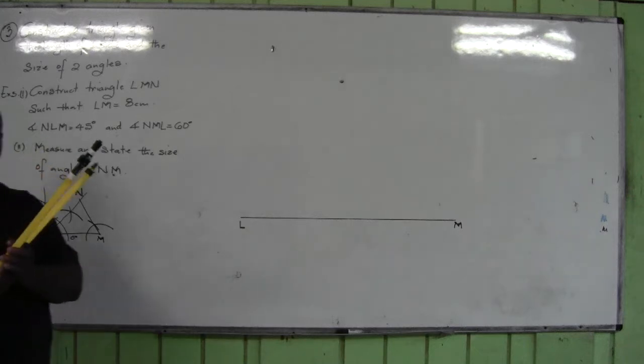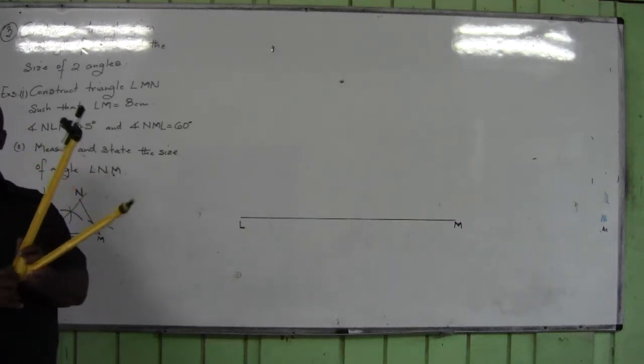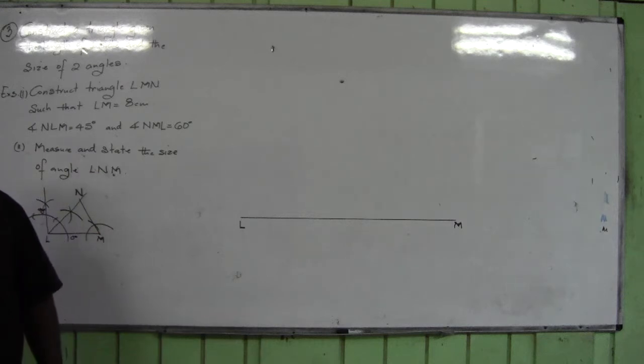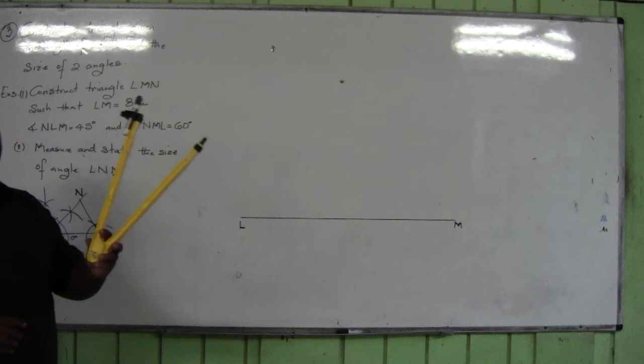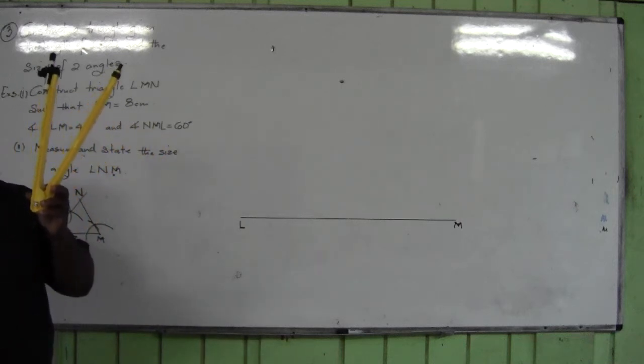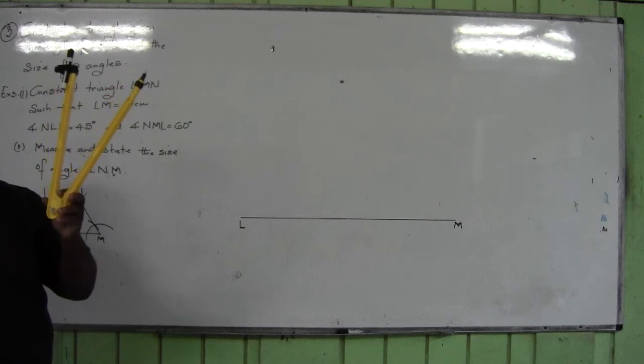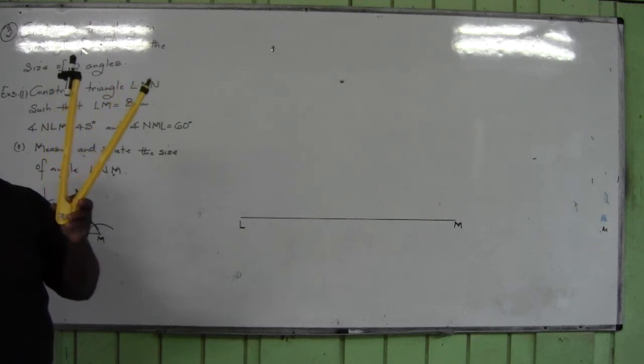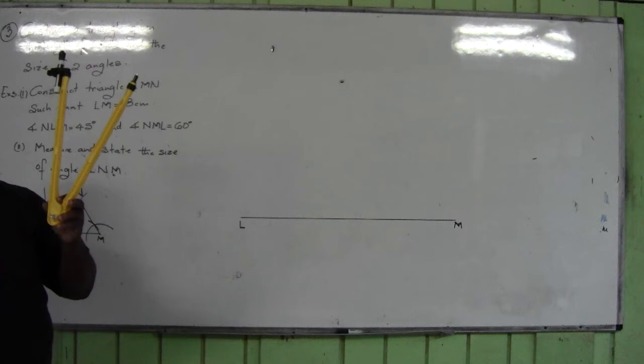I open my compass to a suitable radius. Suitable implies that you have to make a judgment, not too wide, not too narrow. Notice my compass here, I have something I can use to tighten it, because it's important that the joint of the compass is sufficiently tightened. That's why you all need a screwdriver.